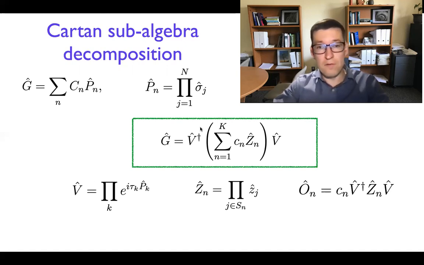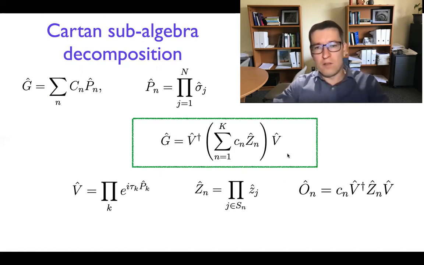This V dagger and V can be obtained as just a product of exponents of Paulis, and the large Z's here are just a product of elementary Z operators for individual qubits. The nice thing about these large Z's is that they always have only 2 eigenvalues, plus and minus 1.